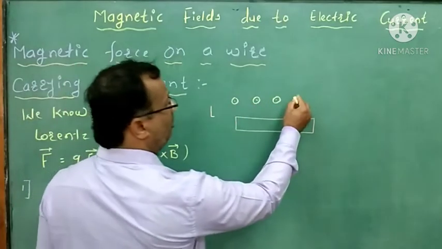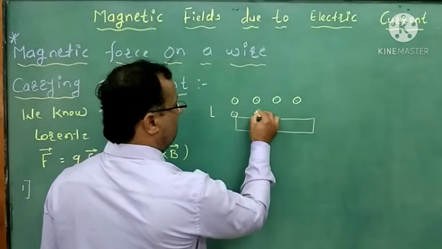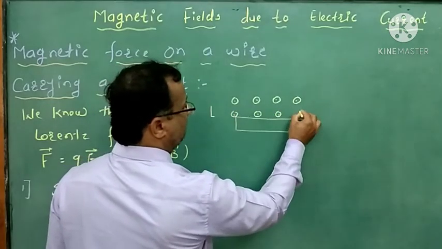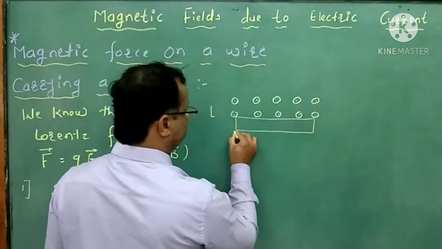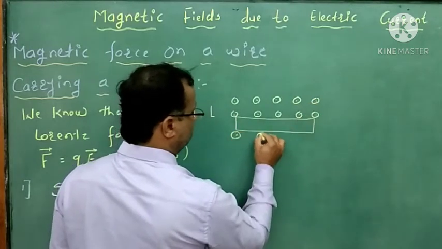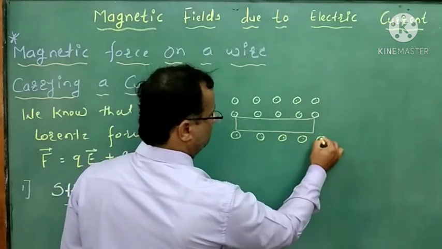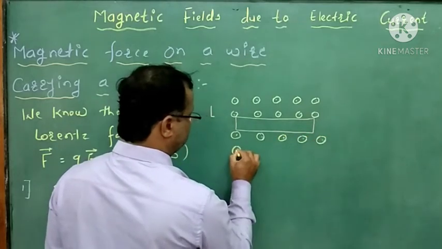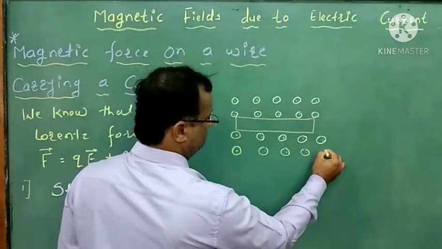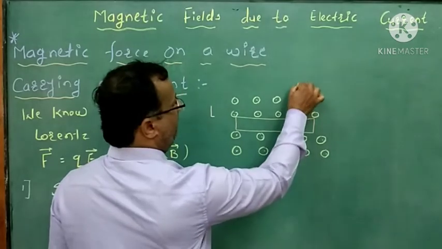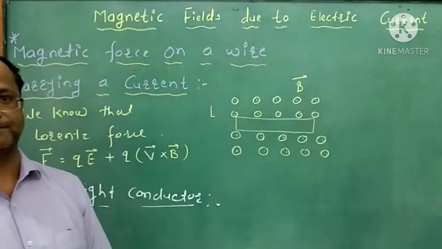Now this will be the meaning of the circle and dot. So this will be the presence of external magnetic field. Here, the magnetic induction of this magnetic field is supposed to be B.